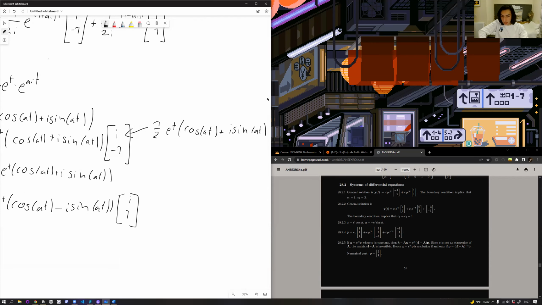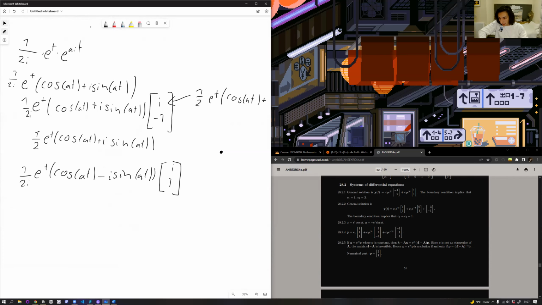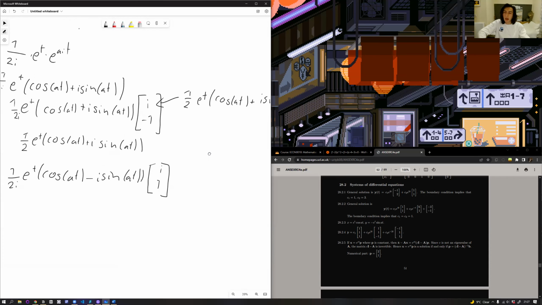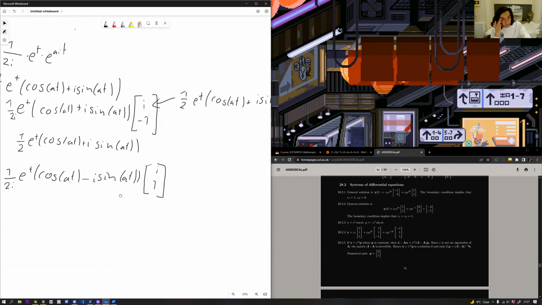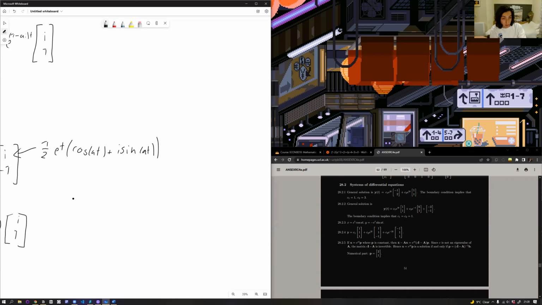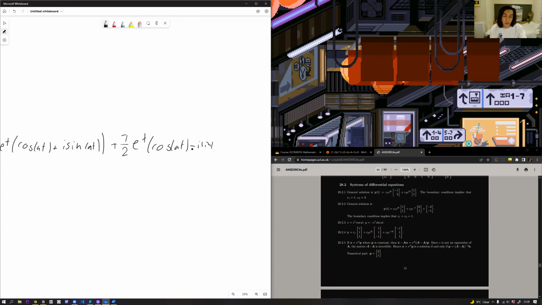Then if I also do the top of this one, I've got it. Doing the top of this one, you get plus e to the t cos at minus i sine at.